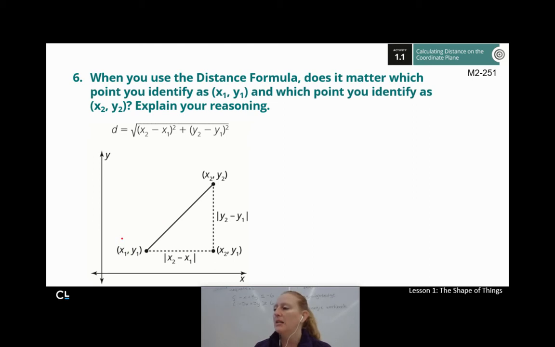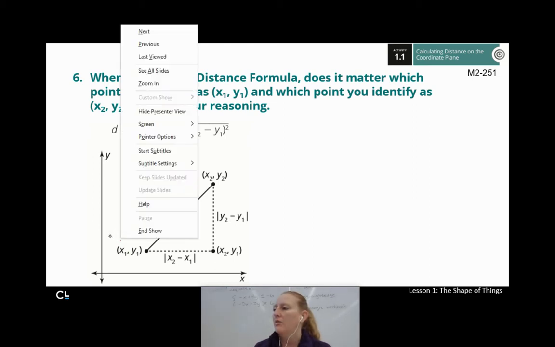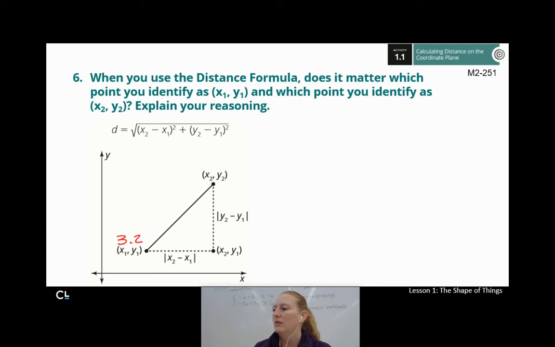I'm going to say that this point is at 3, 2. And I'm going to say that this point is at, again, totally making this up, 7, and it goes up, I don't know how many. 6? Sure.